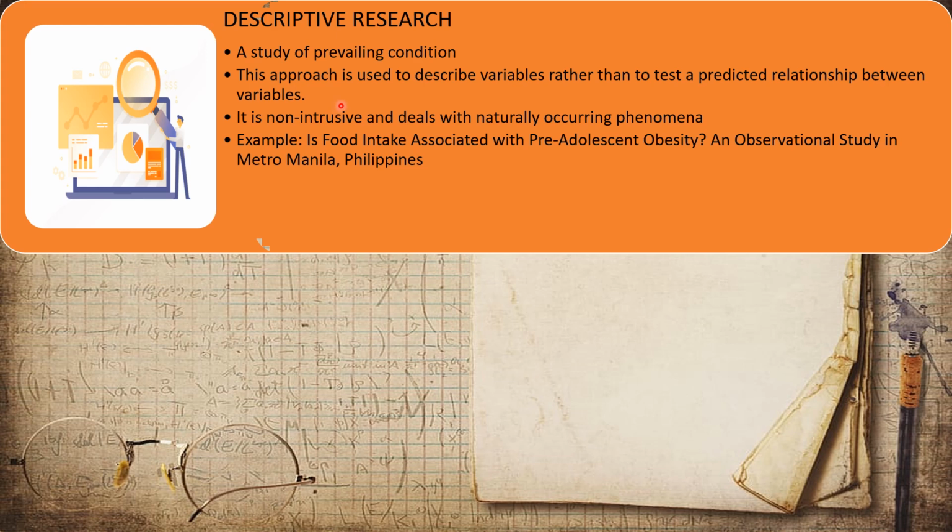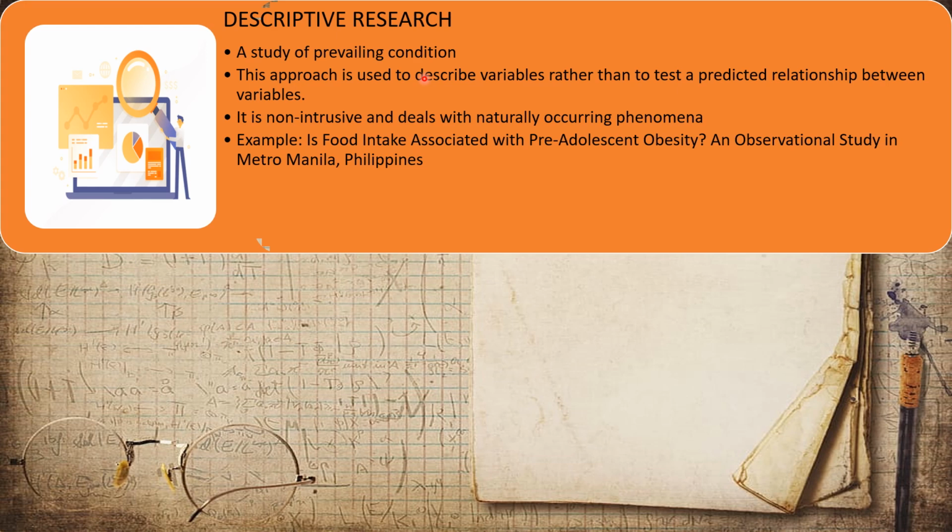So take note of this. It is used only to describe a variable, to observe and document in a natural setting without any manipulation or control. So it describes what exists and may help to uncover new facts.